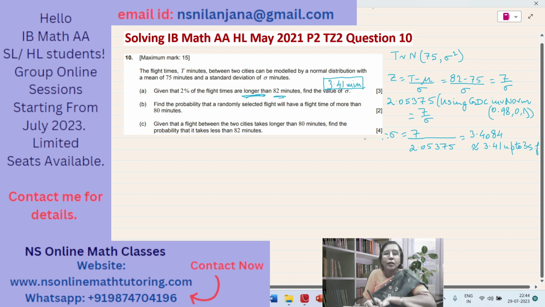So we have solved subpart A and we have got 3 marks. Coming to subpart B, it says, find the probability that a randomly selected flight will have a flight time of more than 80 minutes. It contains 2 marks.